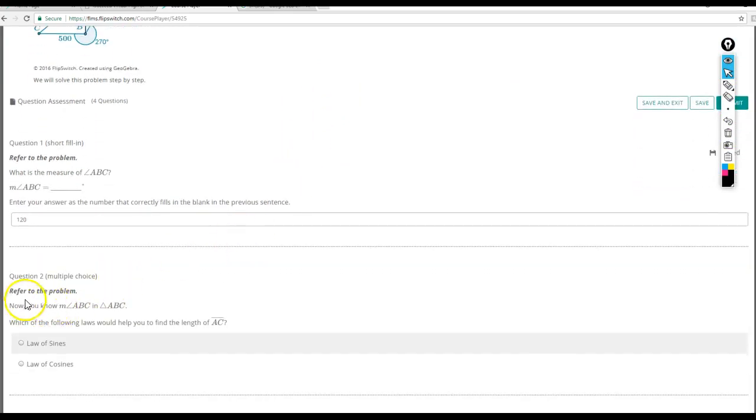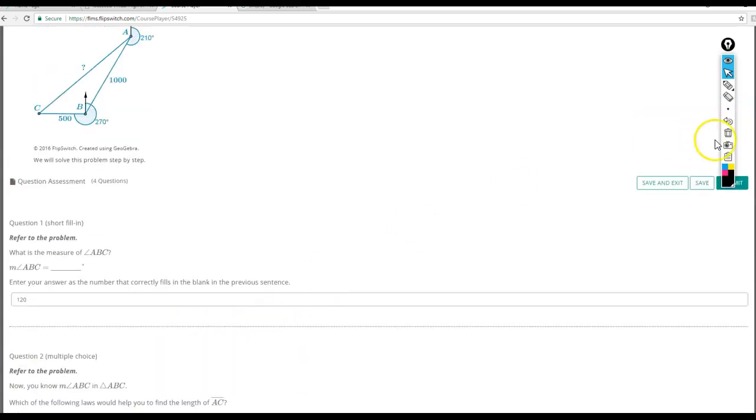Now, step 2 refers to problems. Now you know the measure of angle ABC in triangle ABC. Which of the following laws would help you find the length of AC? So the length of AC, is it going to be the law of cosines or the law of sines?